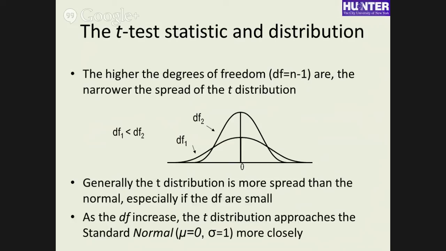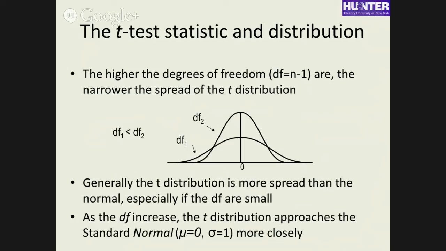For a t test, you need at least 2 data points to estimate the standard deviation of your sample. So if you have 2 data points, you can get a standard deviation.